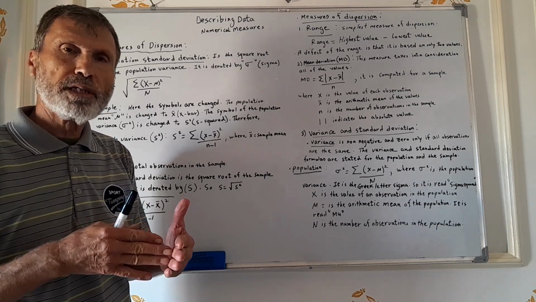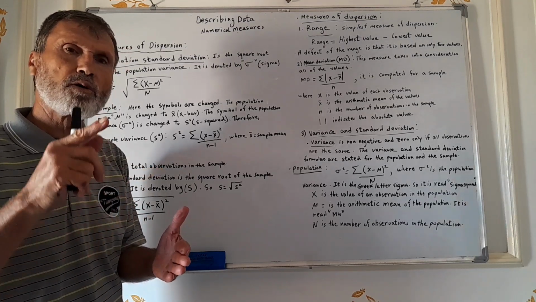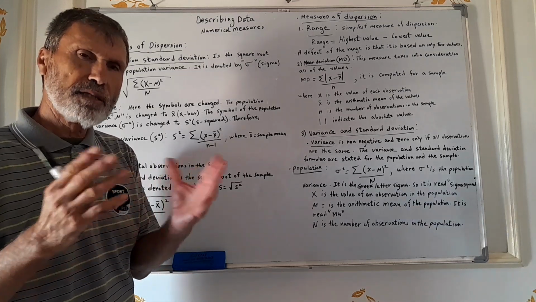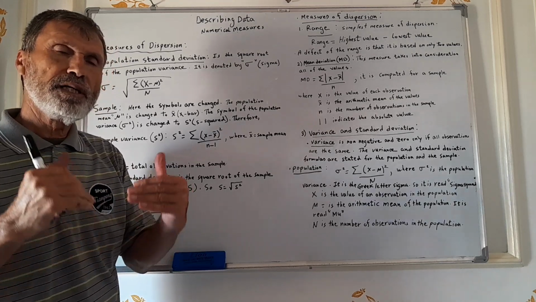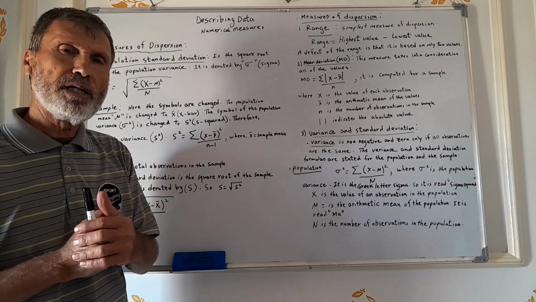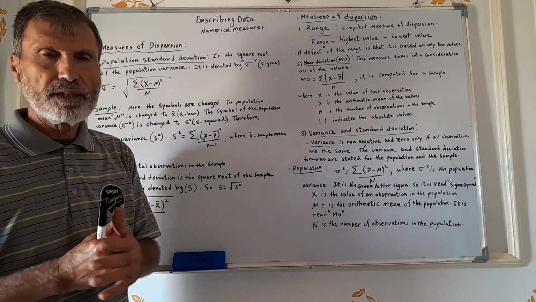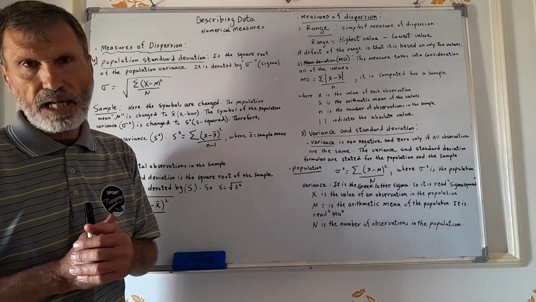And to denote the sample standard deviation, we use s, which is the square root of s squared. Okay? The only difference is that the symbols are different, and of course, the denominator of the variance of the sample is going to be n minus 1 instead of n. You're going to subtract 1 from the total number of observations in the sample.